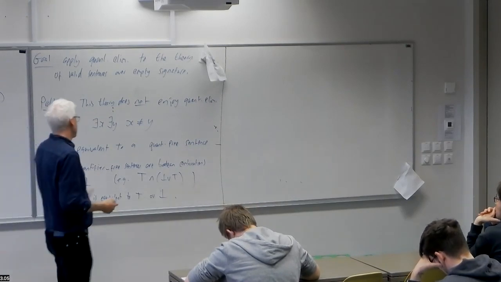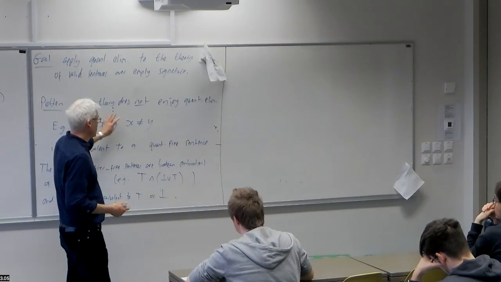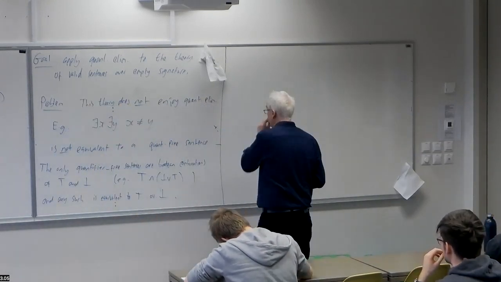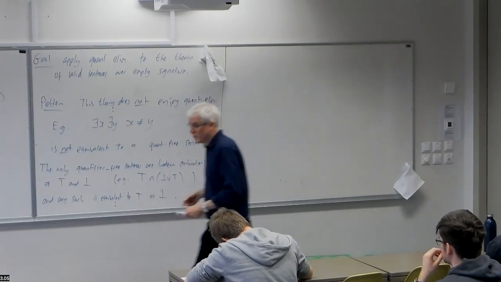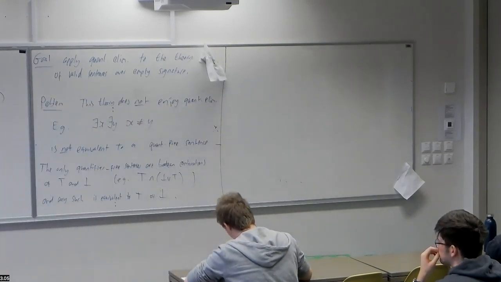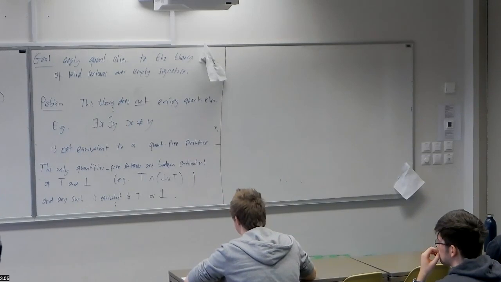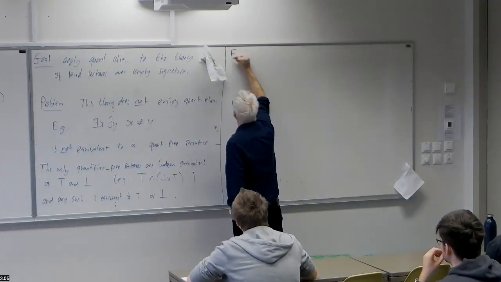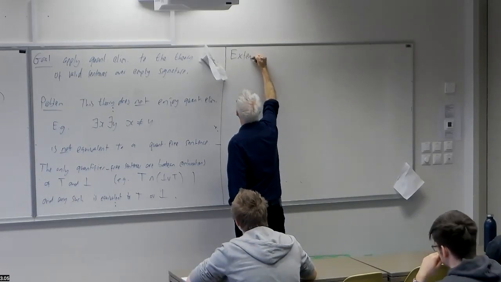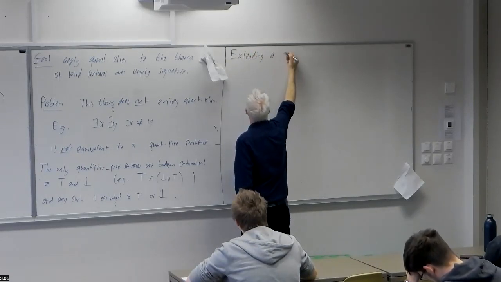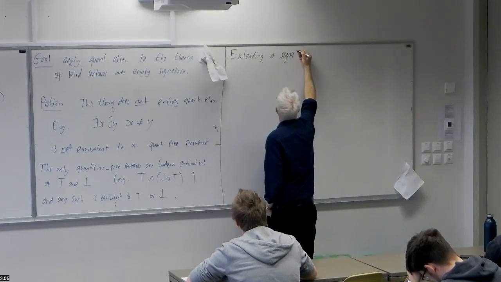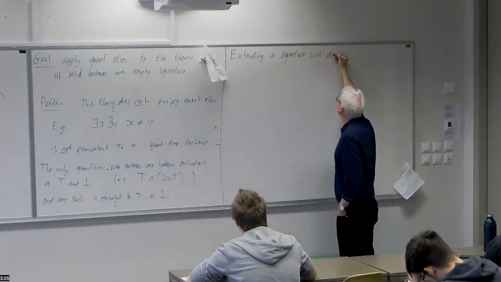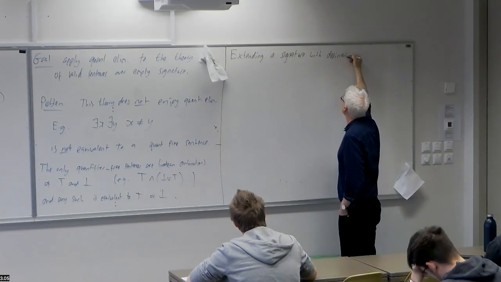So I now want to give ourselves a signature that involves some logical constants. I'm going to do this using a general procedure, which I'll introduce in general: extending a signature with definable predicates.